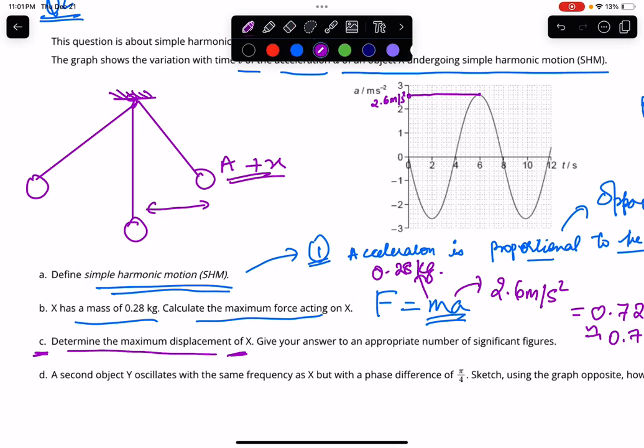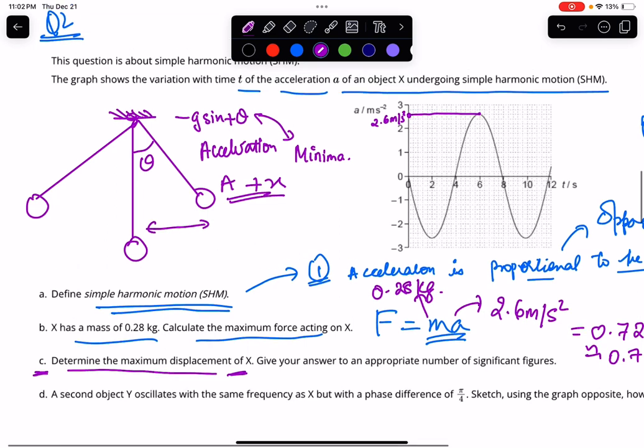Now, when we are looking at the positive amplitude, the acceleration at this positive amplitude is going to be minimum. And that's because if this angle is theta, then the acceleration is negative g sine of positive theta, and that's why you get the minimum value of acceleration at your maximum amplitude.